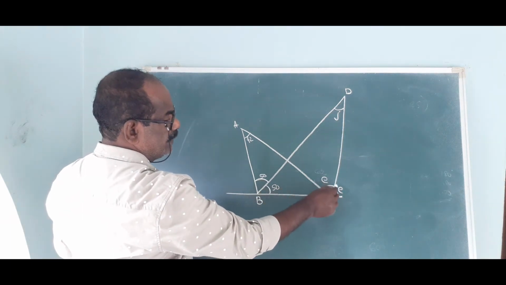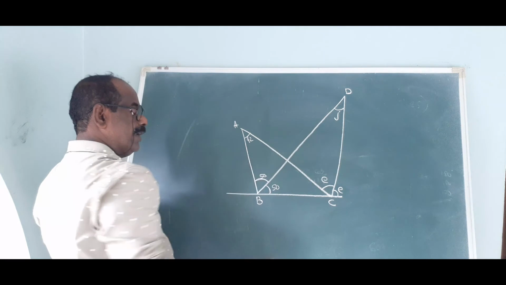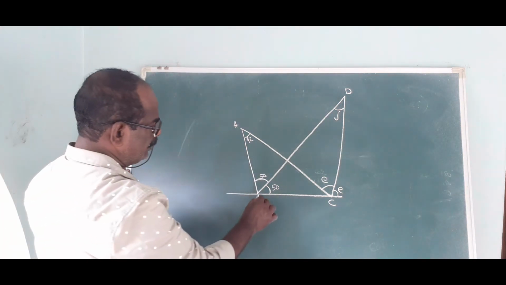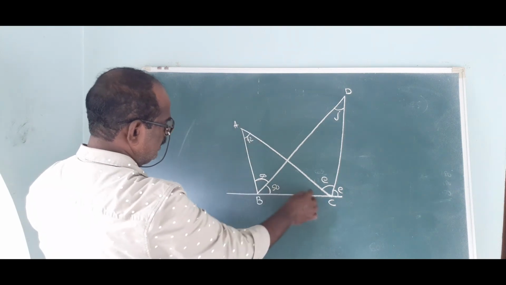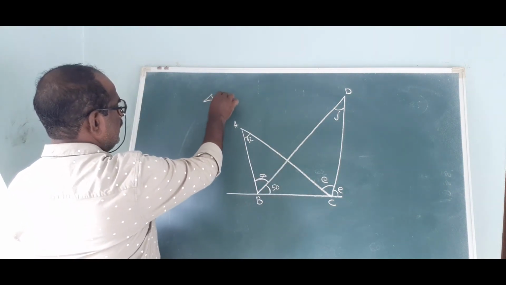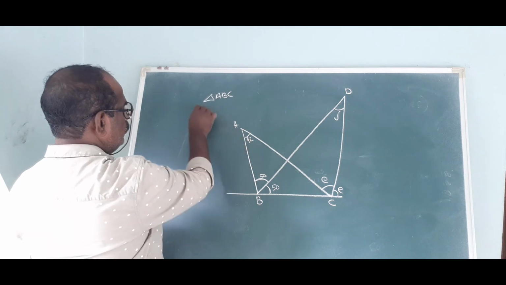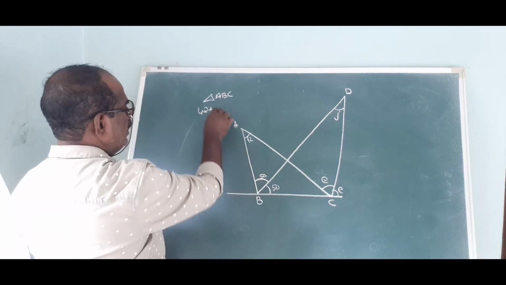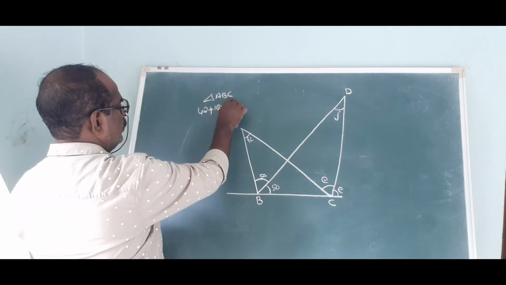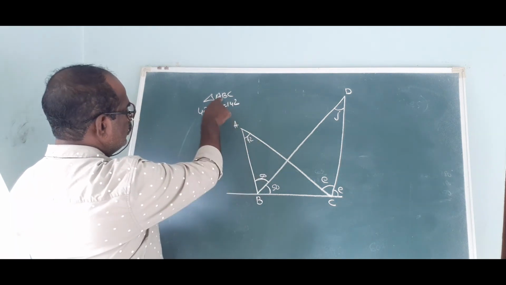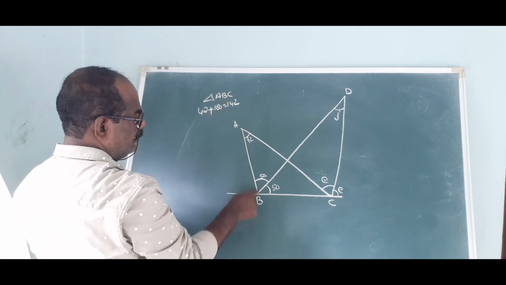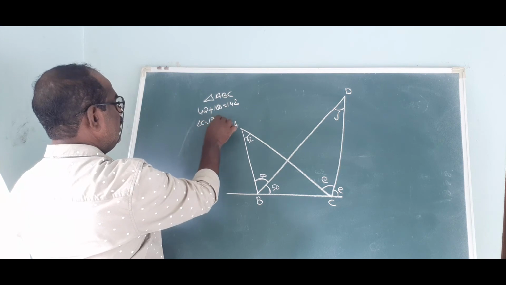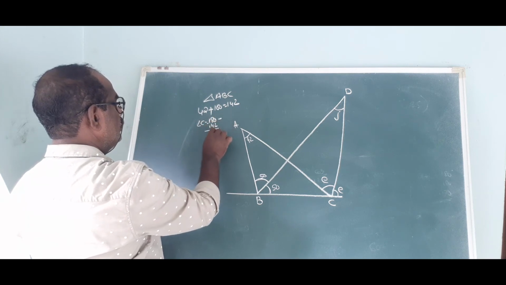These two angles are E and this is J. Find E and J. So first of all we take the triangle ABC. That means 42 plus 50 plus 50, total 142. The sum of the angles of triangle ABC is equal to 190, then the angle C is equal to 190 minus 142 is equal to 38.